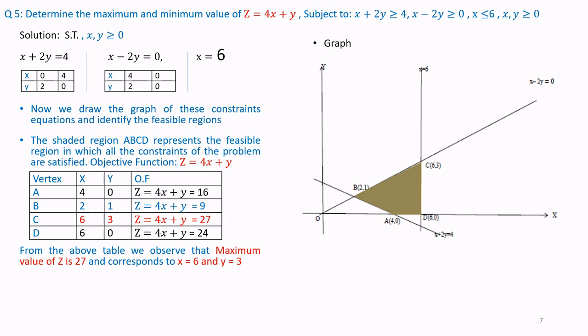From the above table, we observe that the maximum value of z is 27 and corresponds to x is equal to 6 and y is equal to 3. That is the answer. And the minimum value of z is 9, and corresponds to x is equal to 2 and y is equal to 1. This is the answer for your problem.